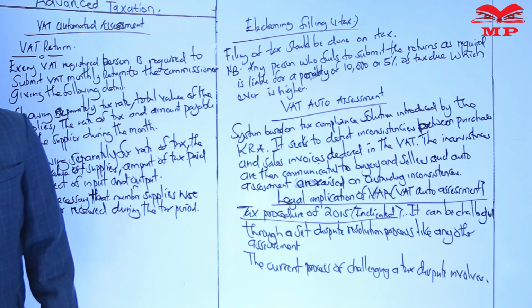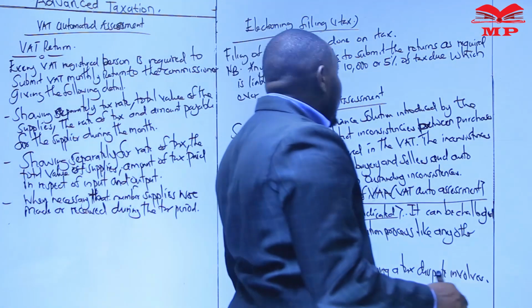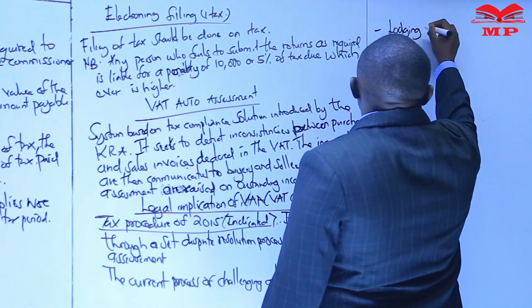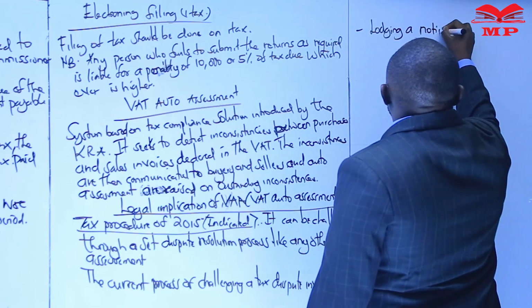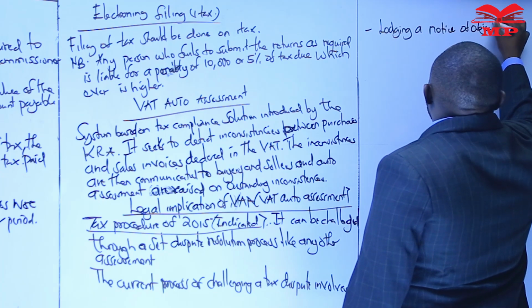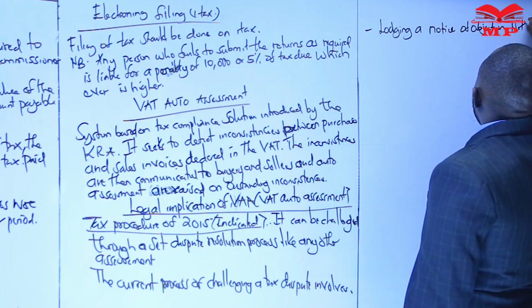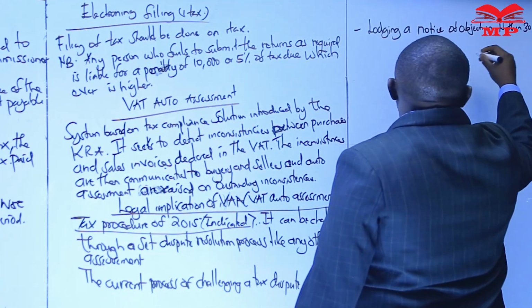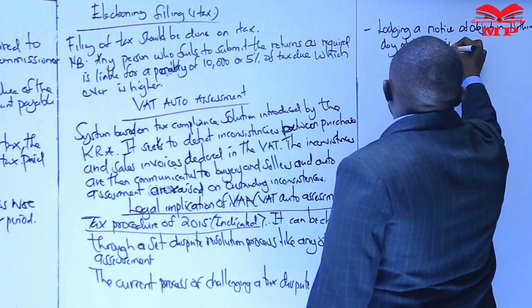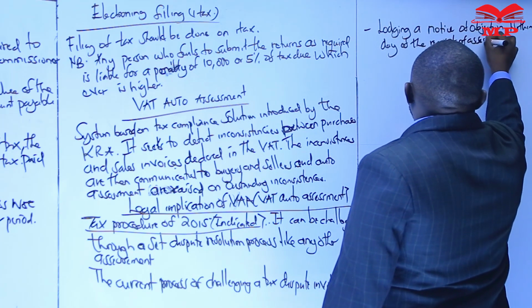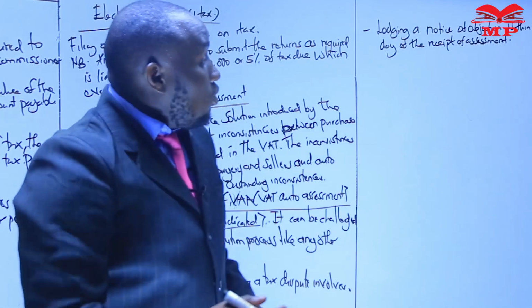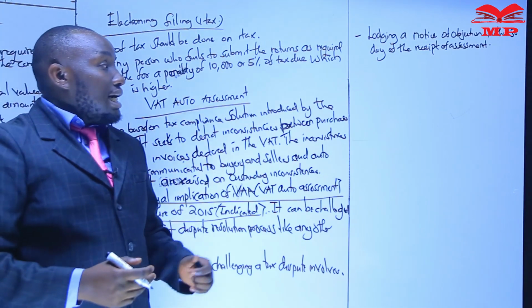One, lodging a notice of objection within 30 days of receipt of the assessment, saying that I do not agree with this assessment.